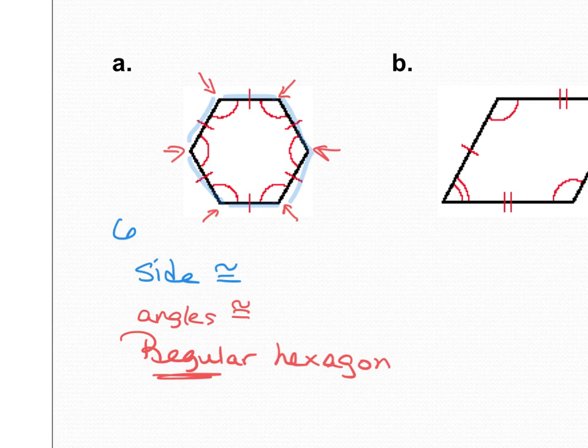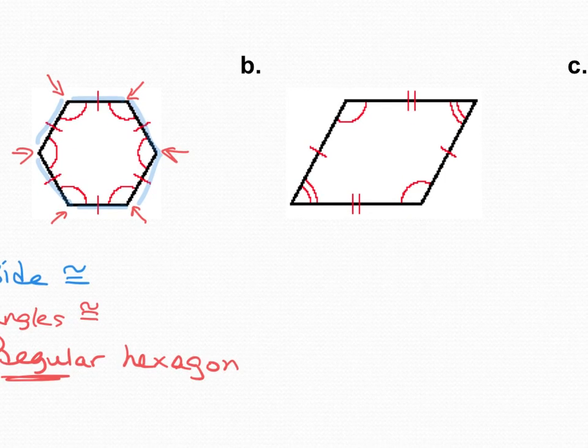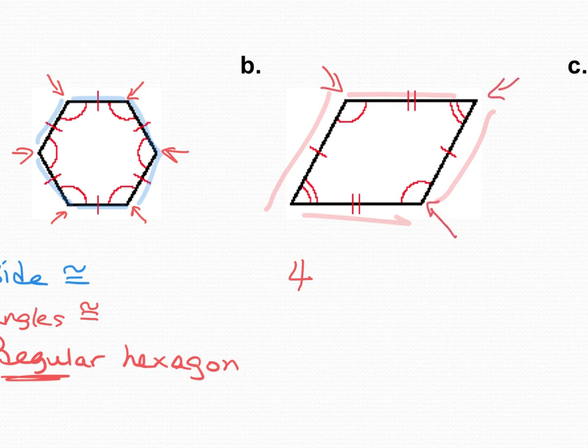Let's try B. Notice this one. If I start looking at my sides, let's count them. 1, 2, 3, 4. It's a 4-sided figure, but none of the sides are congruent together. I have opposite ones that are congruent, but I do not have any angles that are all the same.